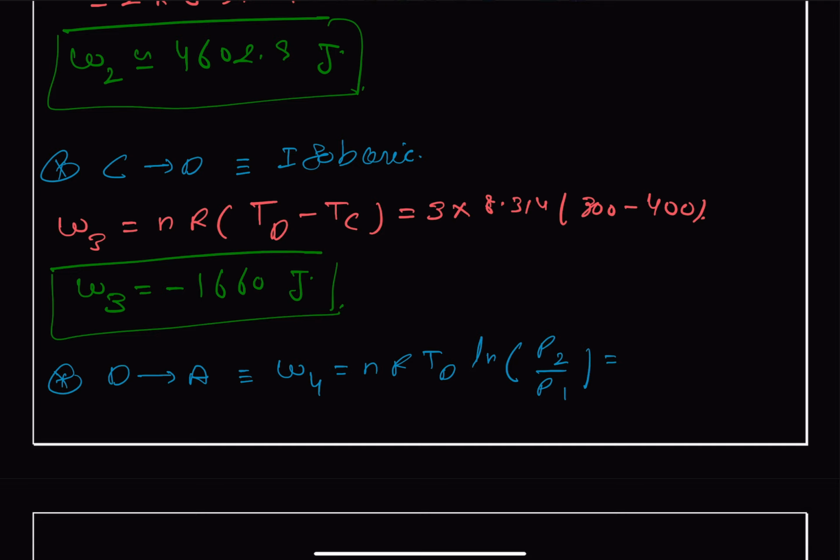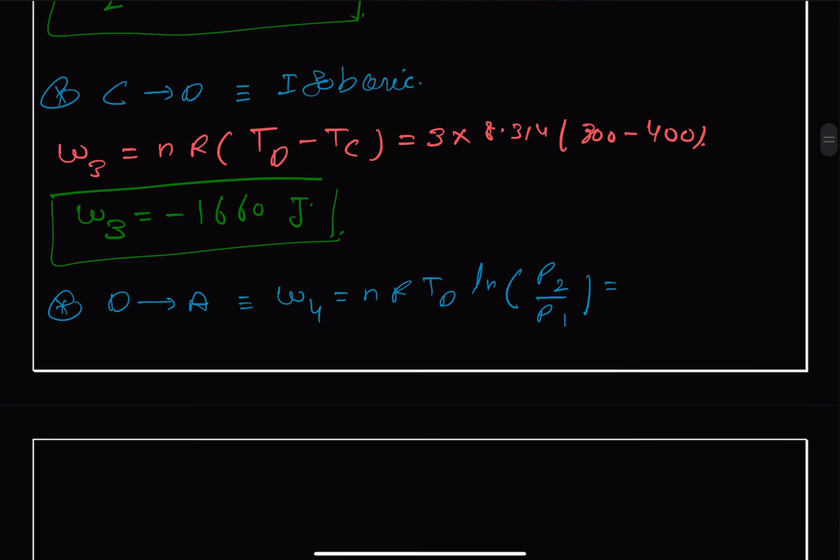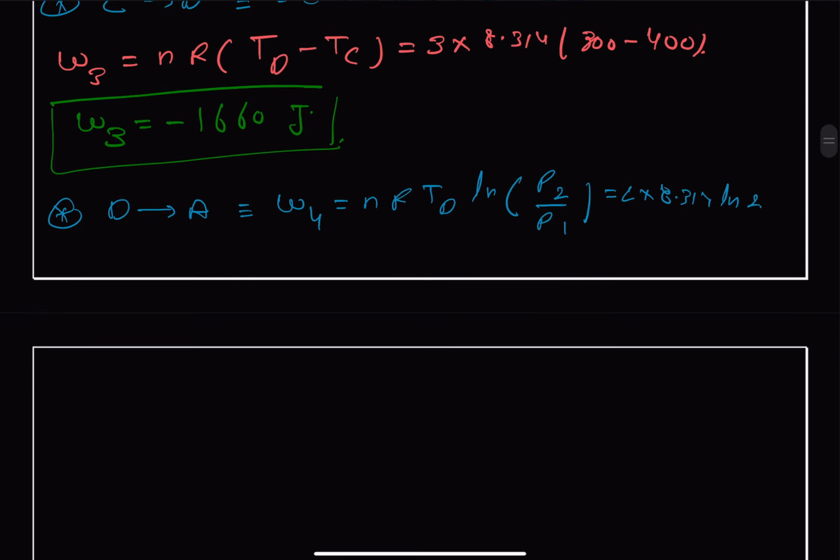Yeah, this makes much more sense. So we substitute the values, we get this as 2 into 8.314 and this is natural log of 2.